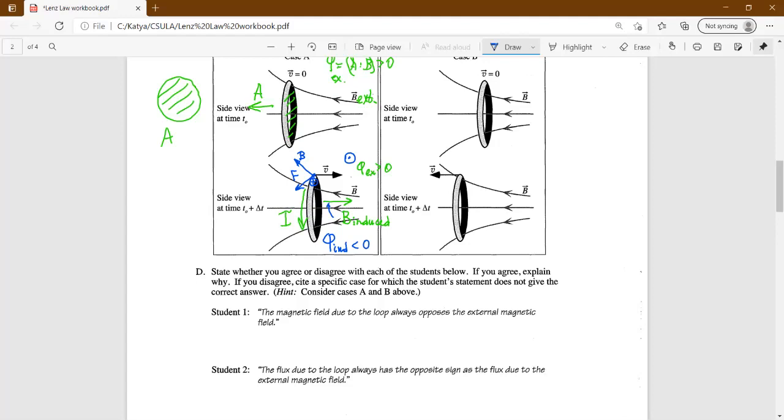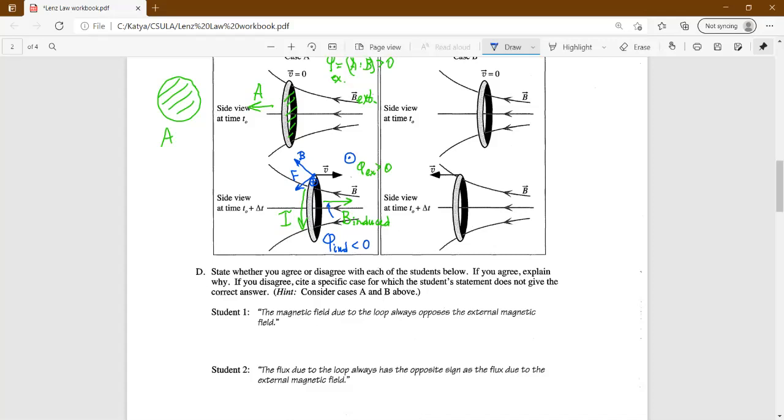So what will the loop try to do? The loop will try to create a magnetic field which is going to decrease the flux. So it's creating negative flux, because the external flux is increasing. The induced current will try to decrease flux. But if the flux is decreasing, the induced current will try to increase it by making up this current. So it looks like the loop is trying to resist the change of the flux.